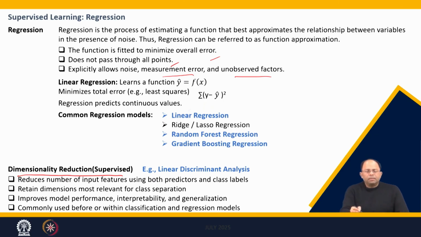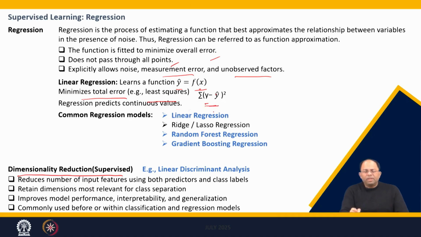So if I say that y cap is equal to f(x), that means in linear regression it learns a function, and it should be learning in such a way that it minimizes the total error. In this case we use the least squares concept, where y is the actual and y cap is the predicted value.